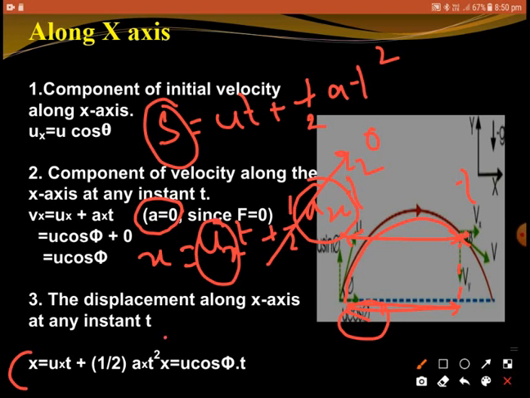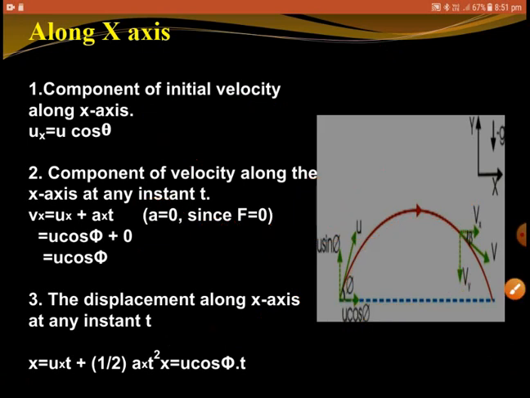So your x will be equal to u cos theta into t. That is what is there here. So from this motion along the x-axis, what we can see is that your velocity along the x-axis remains constant as u cos theta, and your displacement will be equal to u cos theta into t.